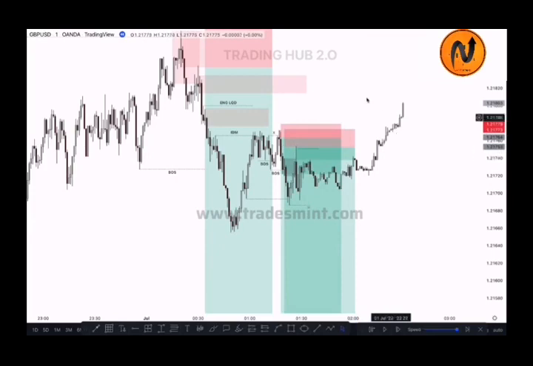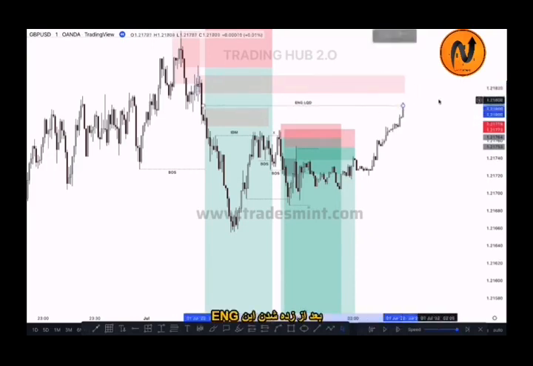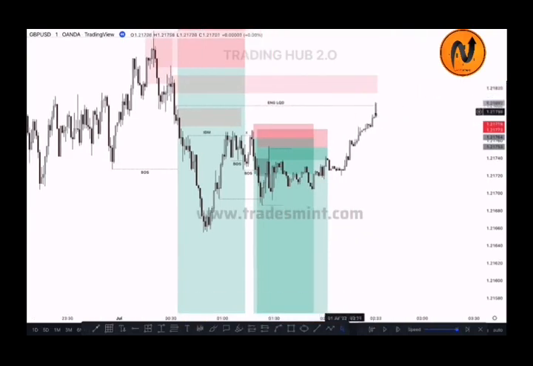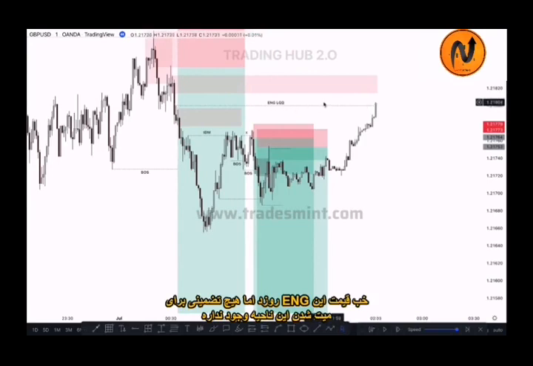So where is our next criteria for the sell? It is here, after taking out this engineering liquidity. The market has already taken out this engineering liquidity, but there is no guarantee it will mitigate this order block.